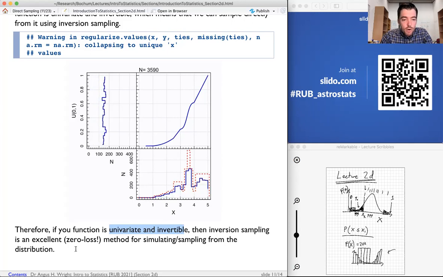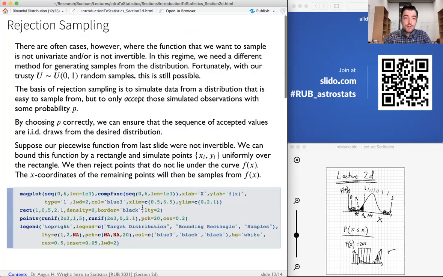Another point is that it's 0 loss. At no point here have any of my randomly generated variables been discarded. They all end up in the probability distribution for this variable x, which is not what we can say for other forms of sampling, which we're going to talk about next. So the next thing we're going to talk about is what's called rejection sampling.